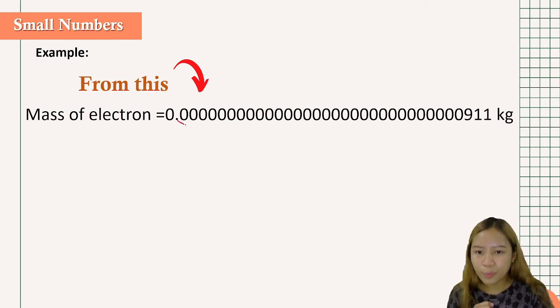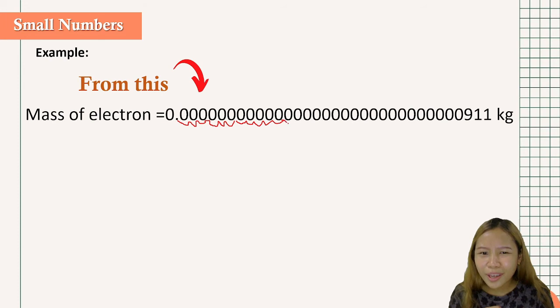So, let us move. 1, 2, 3, 4, 5, 6. Sorry. 7, 8, 9, 10, 11. There are so many, 12, 13, 14, 15, 16, 17, 18, 19, 20, 21, 22, 23, 24, 25, 26, 27, 28, 29, 30, 31.